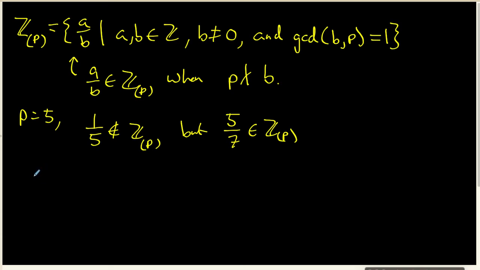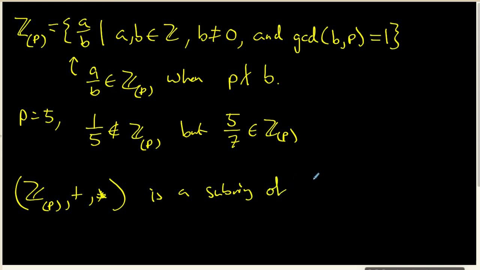And it turns out that the operation that you use for this particular thing is the same operation of addition and multiplication that the rationals use. So this is a subring of the rationals under their arithmetic, and hence this guy is a domain.